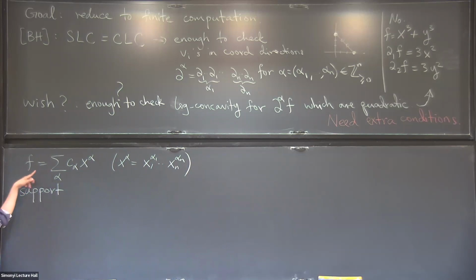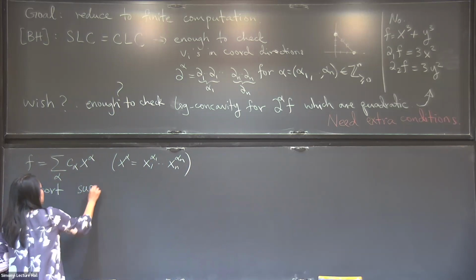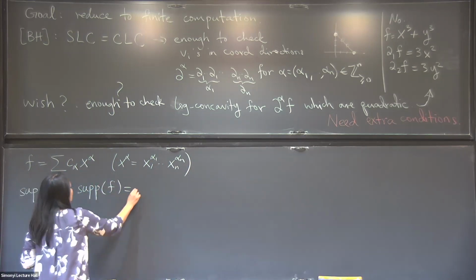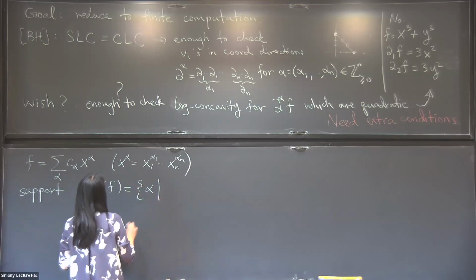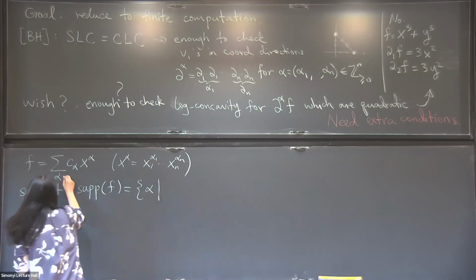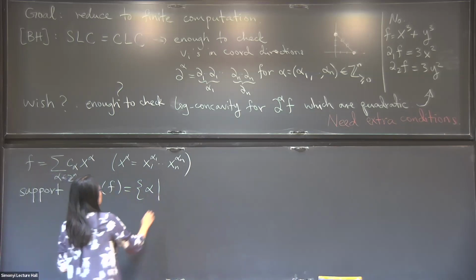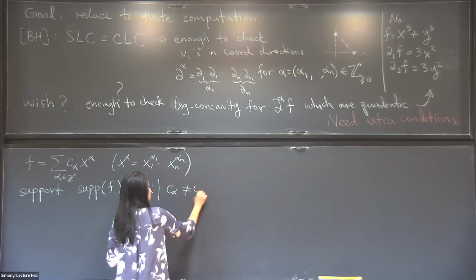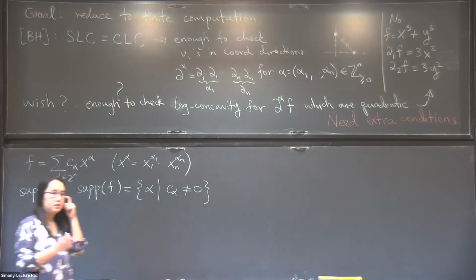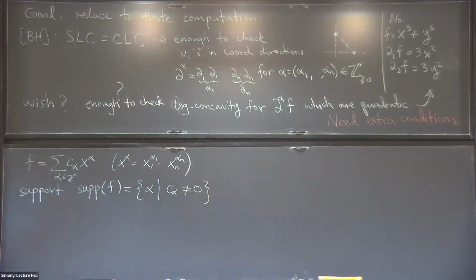We're not talking about a function but a polynomial, so we're talking about the monomial support. This is all the alpha in C to the n such that c_alpha is not zero. So this is all the monomials that attach to a non-zero coefficient.